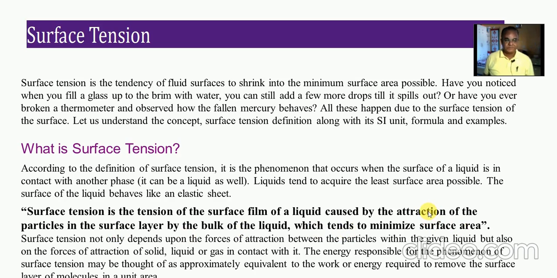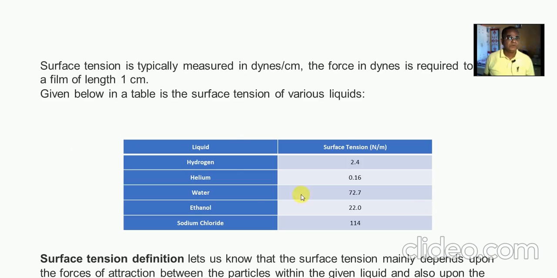In another way, surface tension is measured in the CGS system in dynes per centimeter and in the MKS system in Newton per meter. This slide indicates some surface tensions of different liquids, hydrogen, helium, water, ethanol and sodium chloride, in milli Newton per meter as shown in that particular table.